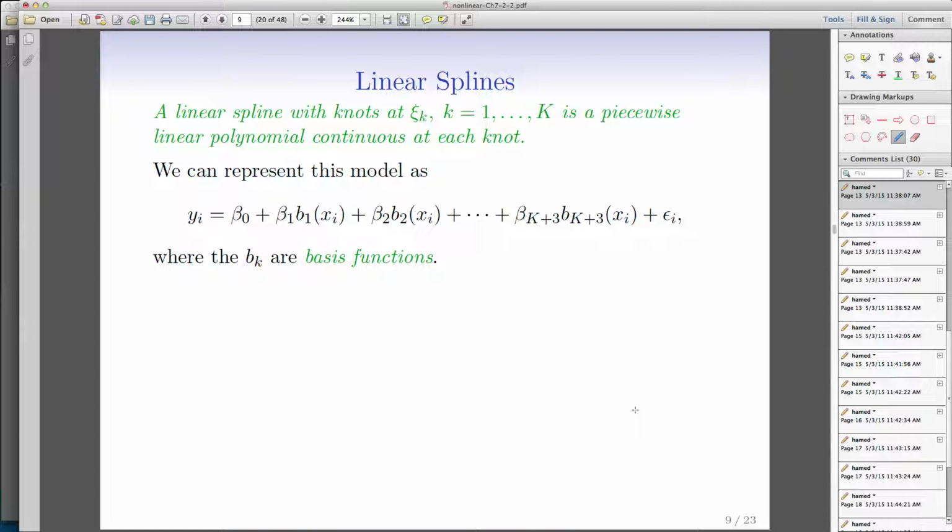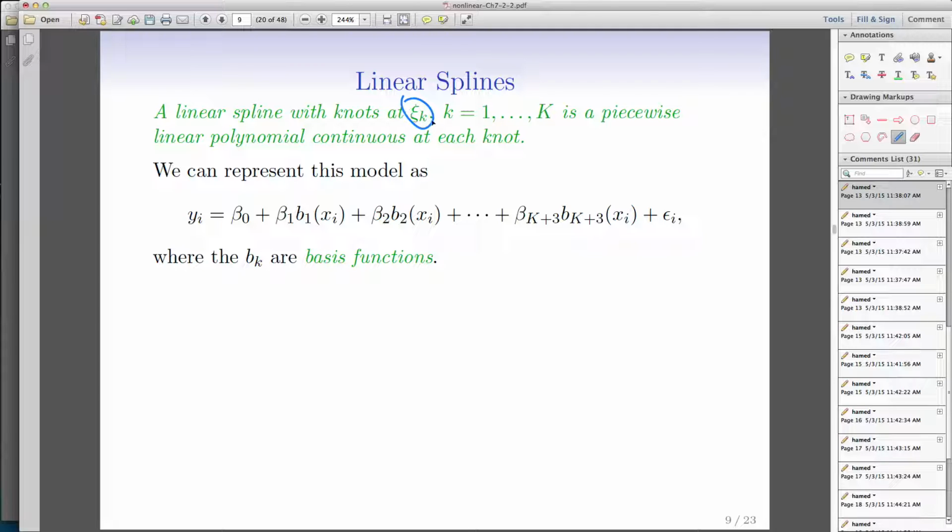A linear spline will have, with k knots, k knots at psi k's. For example, in the example of age versus weight, we had three knots. One knot was at 35 years old, one was at 50, the other one was 65.